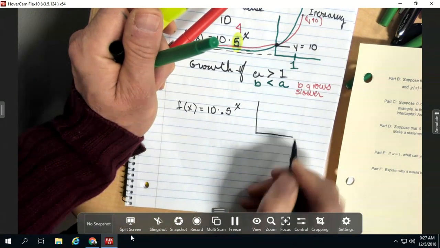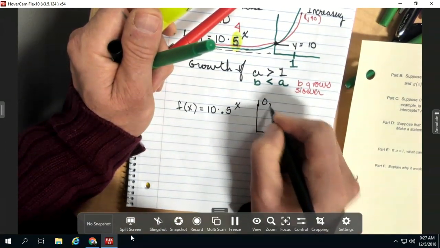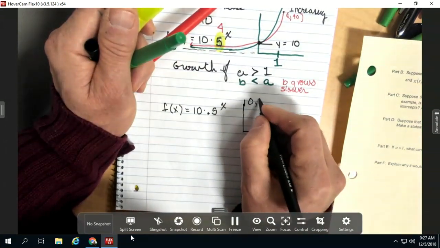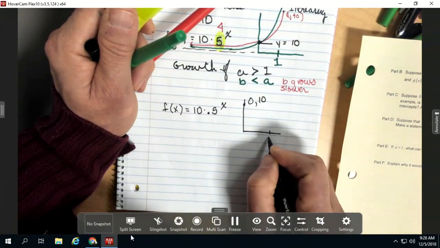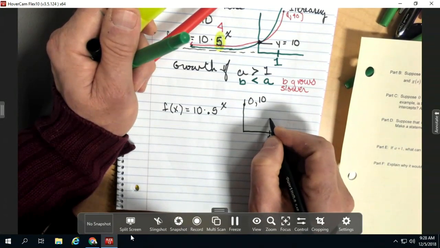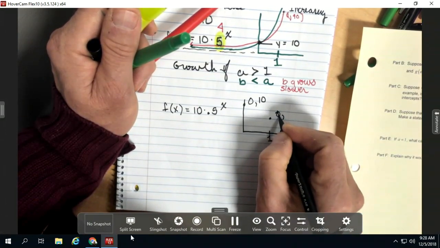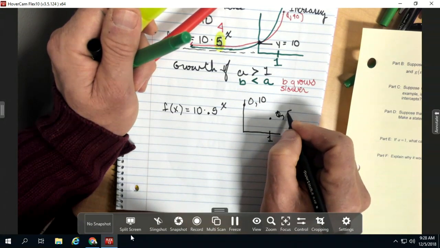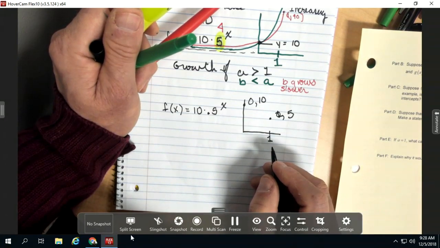What point is it going to go through? Over 0, up 10, correct? By the time we get over here to 1, how tall is it going to be? Over 1, how high up will it be? Half as high, right?